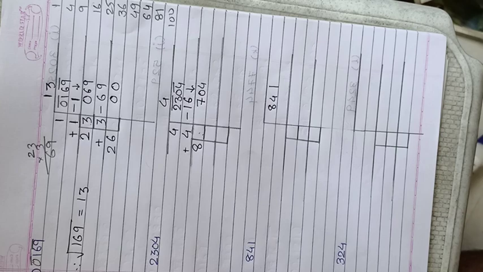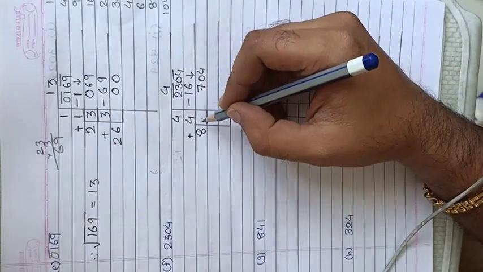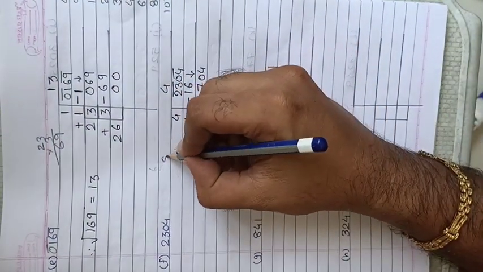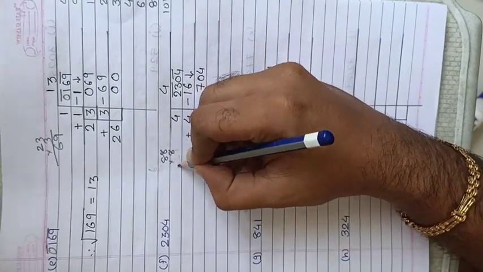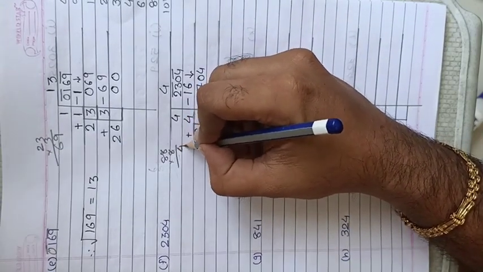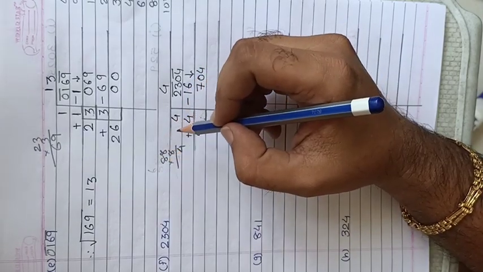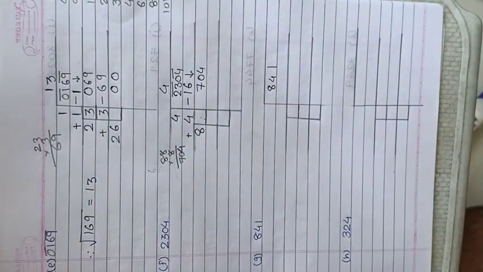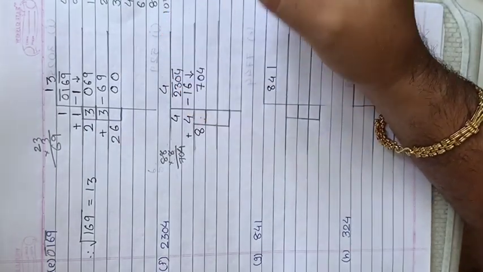Now if 8 comes here, first you have to check whether 8 is correct or not. For that, here 8 will come, then you multiply with 8 itself. 8 eights are 64, so 6 will come first. 64 and 6 is 70. So 704, which is correct. So the number 8 is the correct one. So how many times do you write 8?